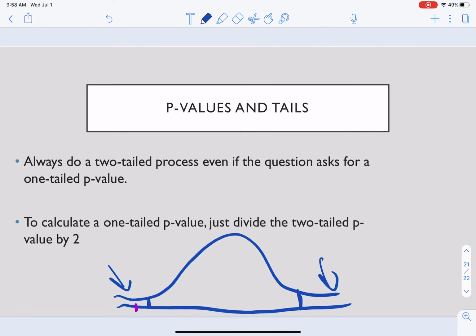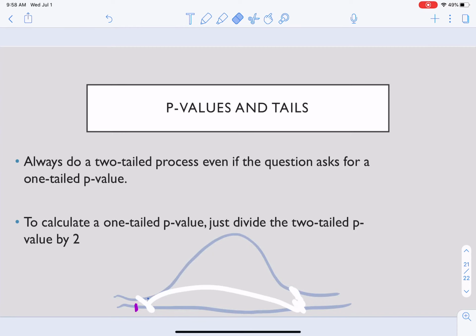But if we only want this one side, we're going to get some p-value anyway. Since we got rid of one of the two halves, we can just cut that p-value in half, divide it by 2, and that's the same thing as doing a one-tailed test. It's as simple as that as far as the mathematics go.